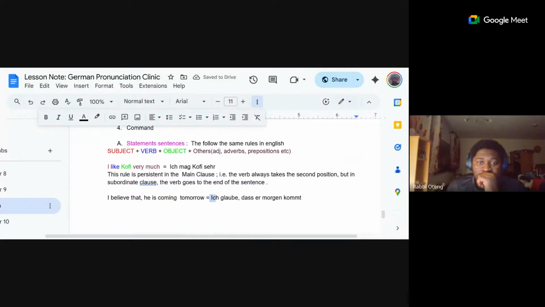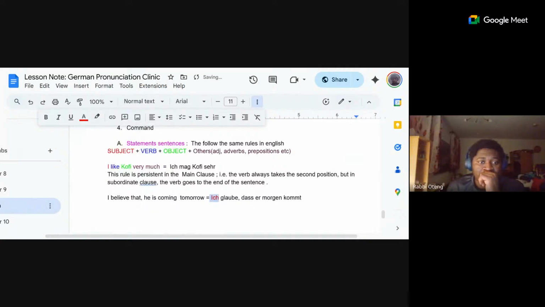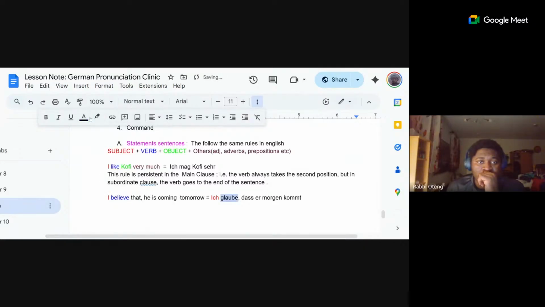So in the main clause, we have the subject, just like in English, and the verb. There are no others in the main clause.